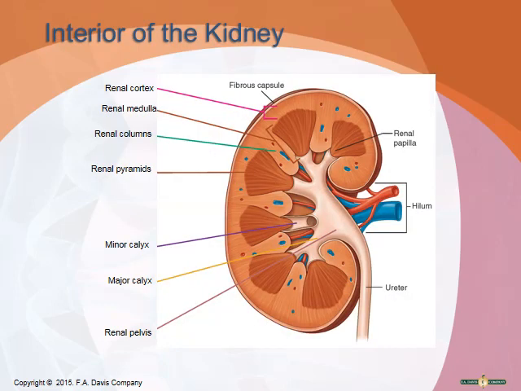This slide shows a cut of the kidney that allows us to see the different layers, starting with the outermost fibrous capsule that surrounds both kidneys. Other than protection, it doesn't serve another purpose, versus the renal cortex. We'll learn that that's where our nephrons are found. So the cortex is outermost.